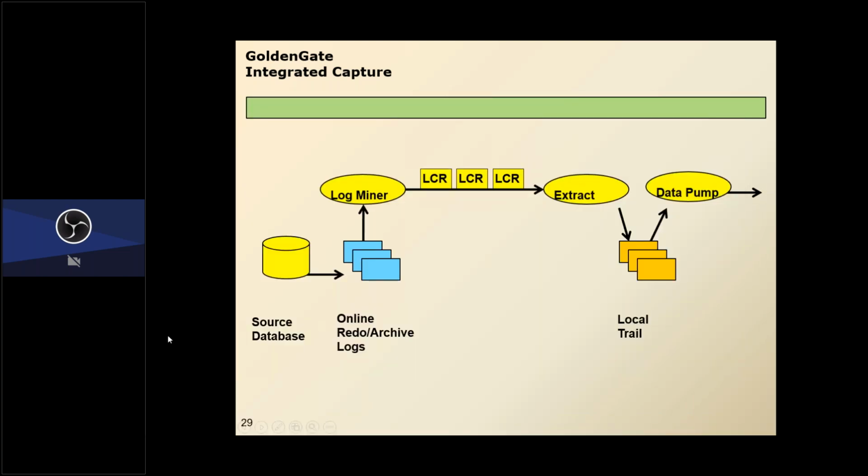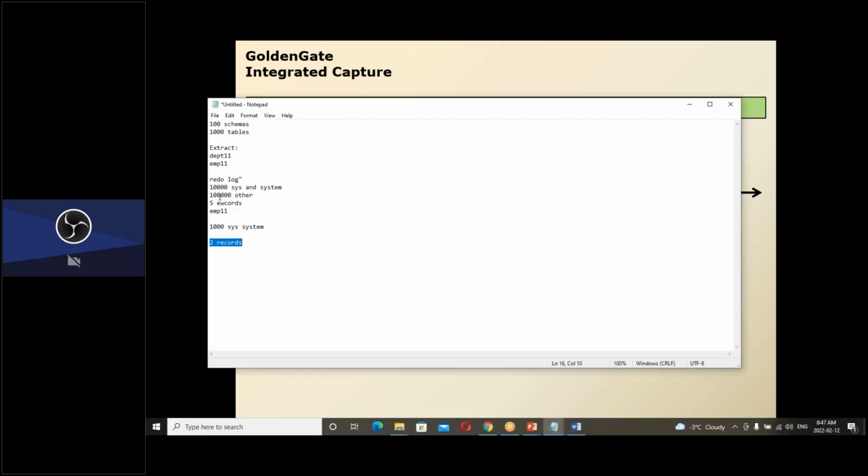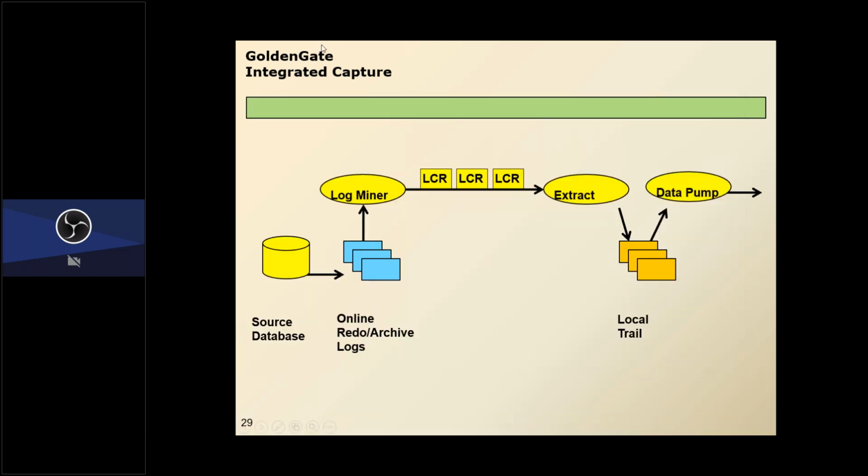However, in integrated mode, your LogMiner is doing this task. So LogMiner will do all the filtration, or whatever is needed by the extract process, and will send these 5 records of data and these 2 records of data to the extract process, which extract will then capture and write to the local trail, and then the data pump will write to the remote trail and replicat will apply.